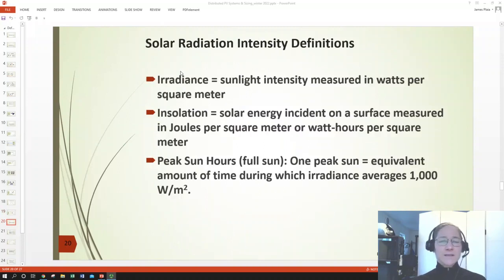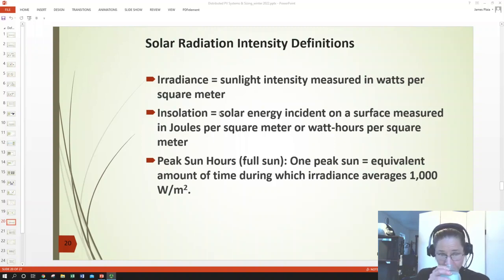And last but not least, a few vocabulary definitions. Irradiance is a power, watts of sunlight measured per square meter, usually square meter of your solar panel, presumably. Insolation is energy. So this would be joules per square meter or watt hours per square meter.